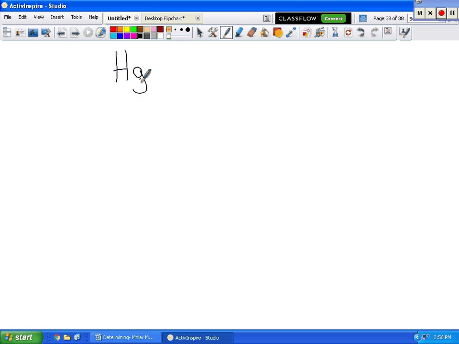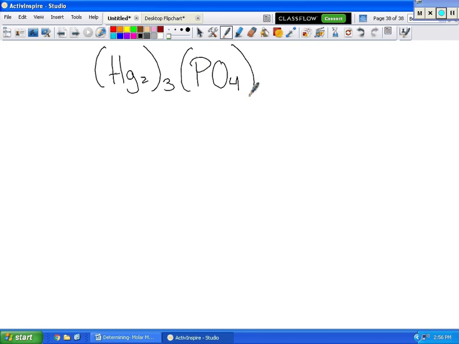Now, there's lots of numbers, but how many parts are there? There are 3 parts. What's your 3 parts? Hg, P, and O.